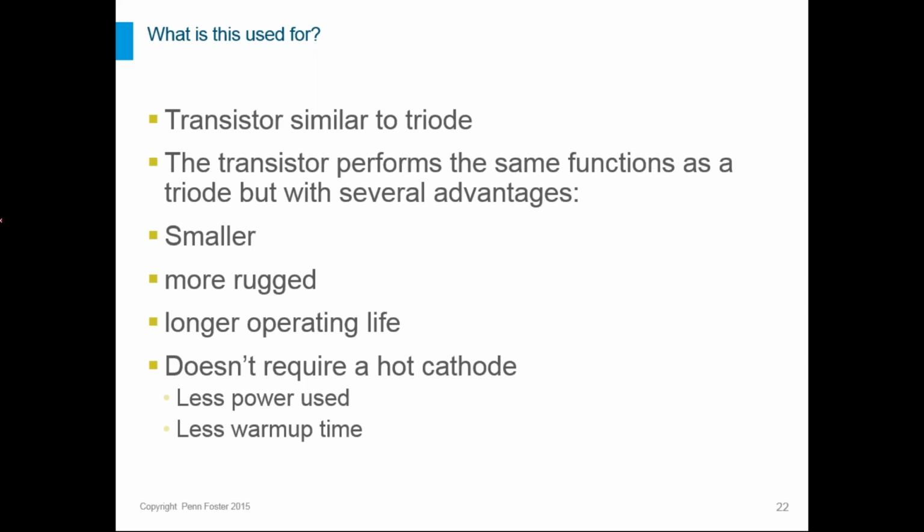The transistor is smaller, more rugged, has a longer operating life, and doesn't require a hot cathode to use, which means there's less power used and less warm-up time. So once again, transistors and triodes perform similar functions, and they're just two different ways to do it. In general, transistors are better for these reasons.